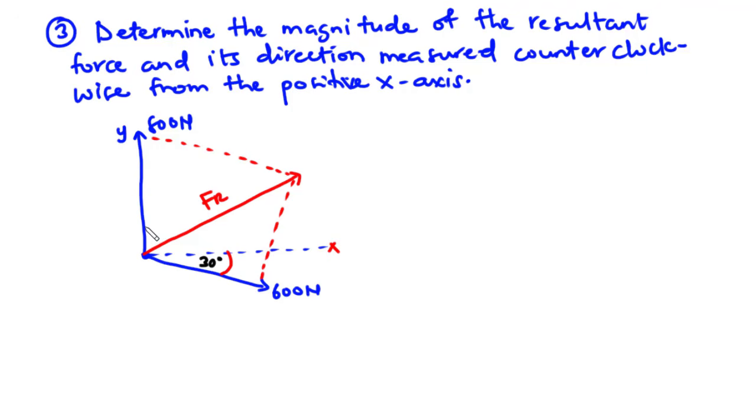So the angle between the two forces is 120 degrees. And then the angle between Fr and then 600 newtons is alpha. And then we also have theta here, which is equal to 180 minus 120. And then you have theta to be equal to 60 degrees.